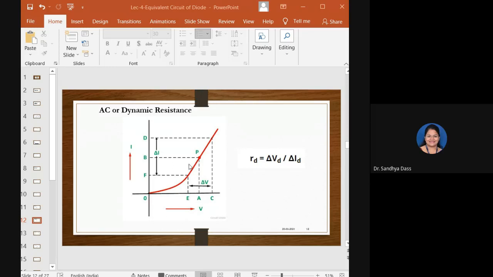How do you represent slope here for this particular curve? Ma'am, it will be nothing but V at point A minus V at point E by I at point B minus I at point F. That will be the slope, right?